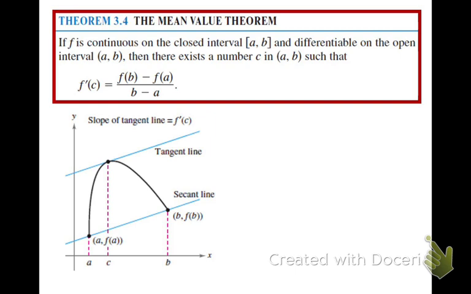So what it's saying is the slope of the tangent line is equal to the slope of the secant line at some point. Does that make sense what I'm saying? So the secant line that runs through a and b, right here, that slope will match some point's tangent slope.